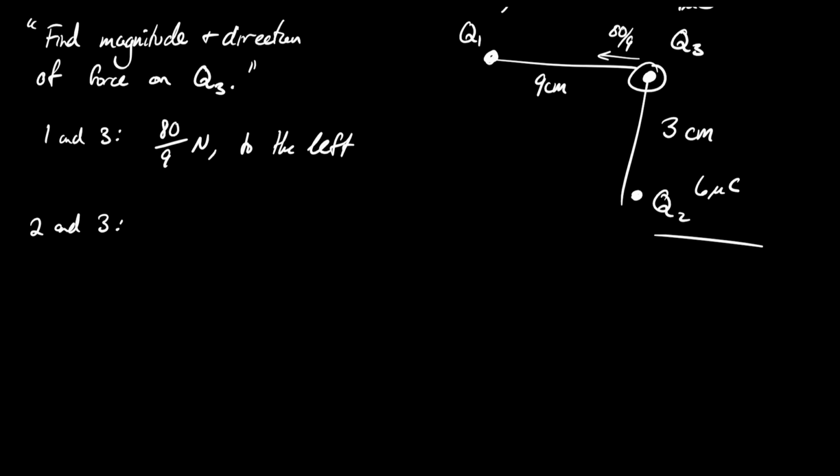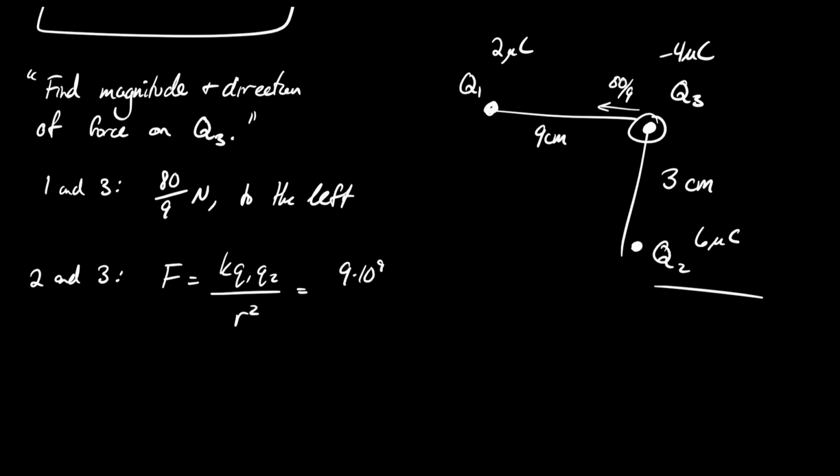Okay. Again, we're just going to use Coulomb's law. Let's see. We have 9 times 10 to the 9th as usual from k. The first charge involved, we'll call it charge 2, is 6 microcoulombs.